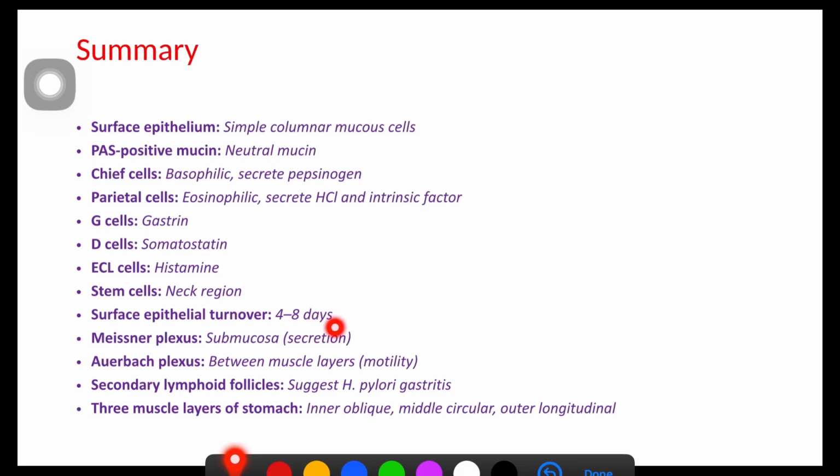Turnover of surface epithelium is 4 to 8 days. Meissner plexus is associated with secretion and lies in the submucosa. Auerbach plexus is associated with motility and lies between the muscle layers. Secondary follicles suggest H. pylori gastritis, and the three smooth muscle layers of the stomach are inner oblique, middle circular, outer longitudinal.